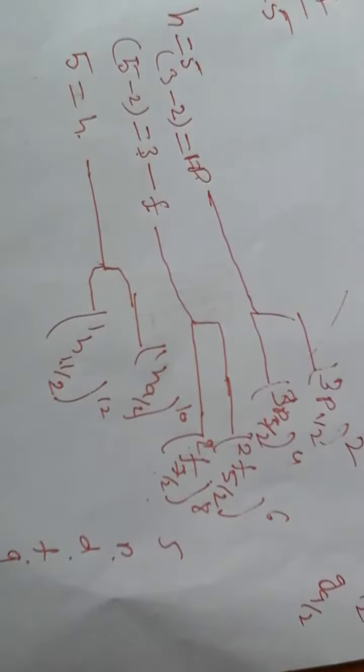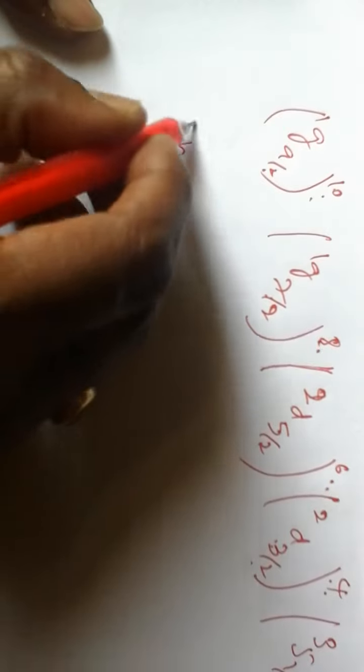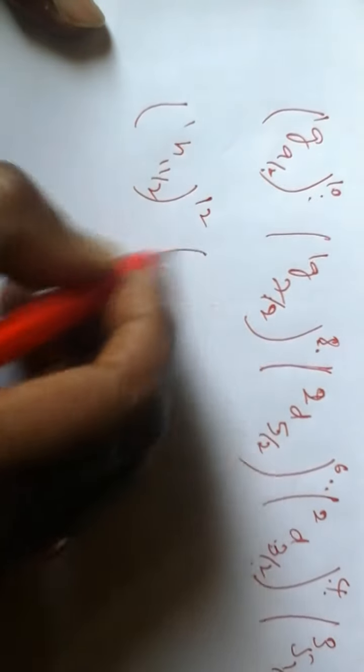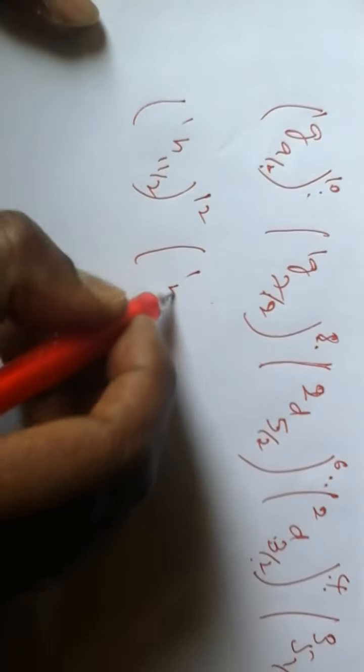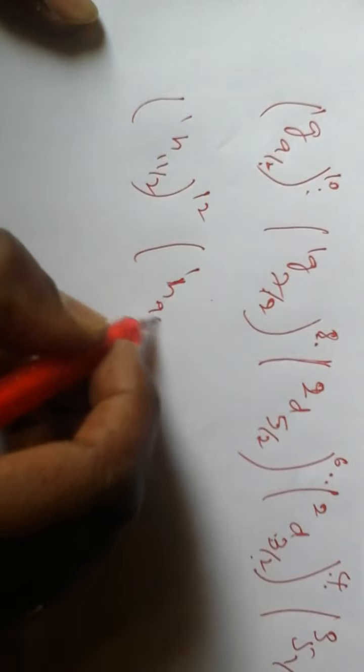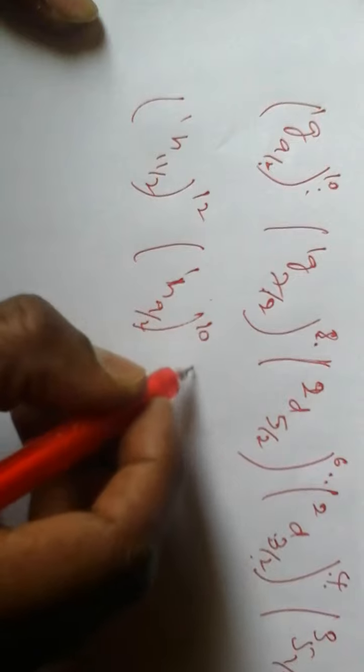I can write extend. So I am extending to another orbit of H. So H1, H 11 by 2, 12. So 1H 9 by 2 whole power 10.